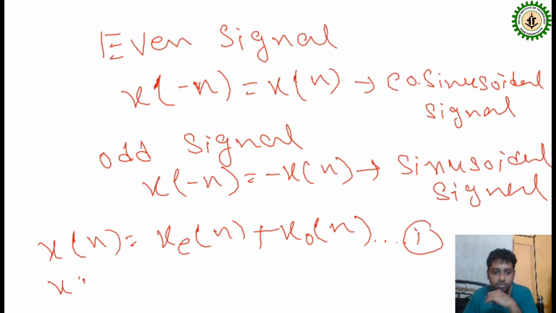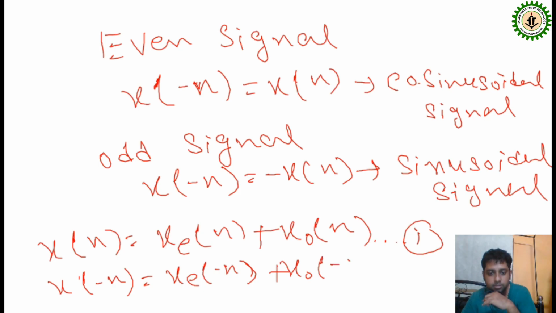Now if we replace n by minus n, we can write x of minus n. So here it will be x_e of minus n plus x_o of minus n. Okay, so we know that for an even signal, x of minus n is equal to x(n), as I have already shown.